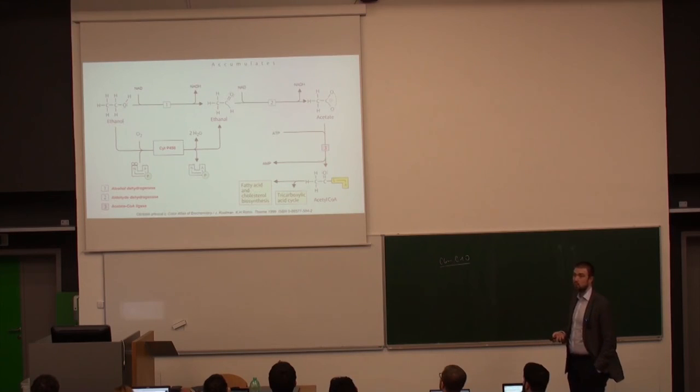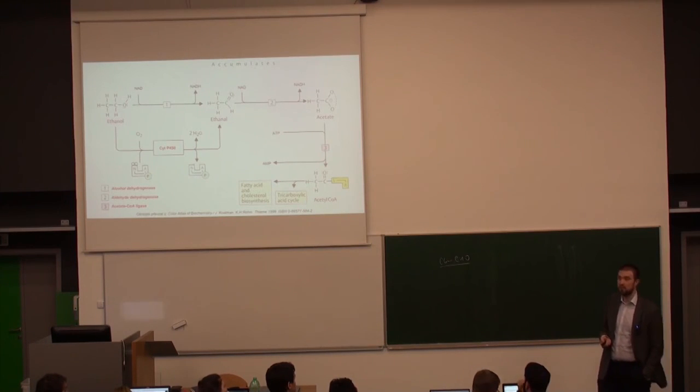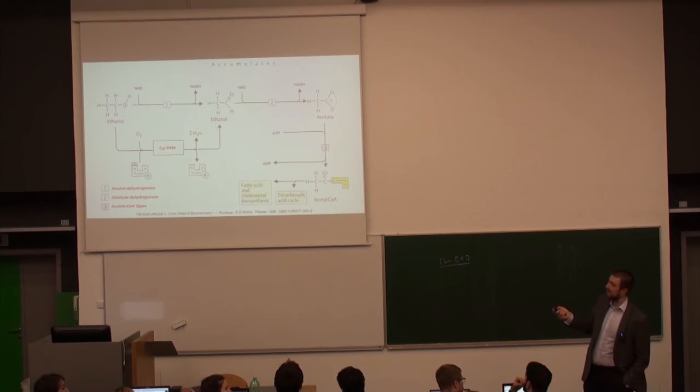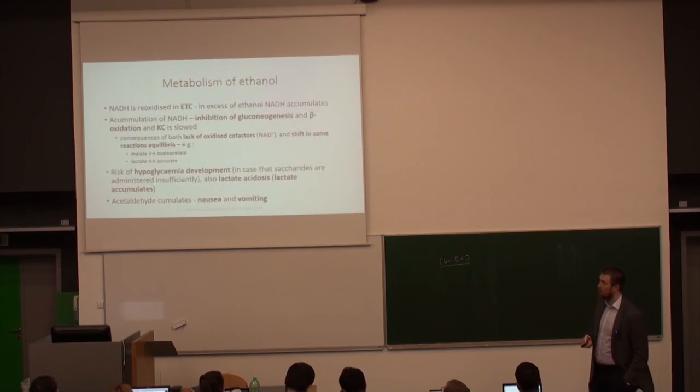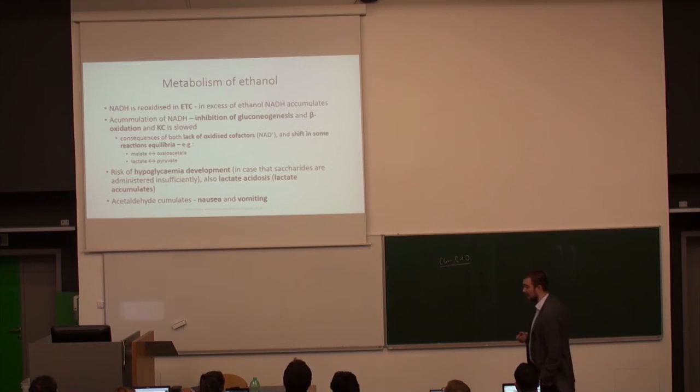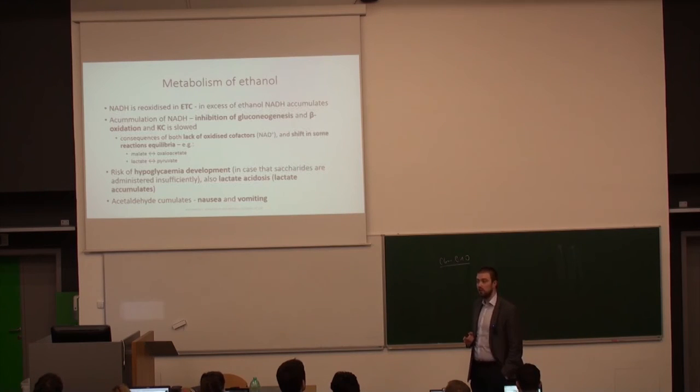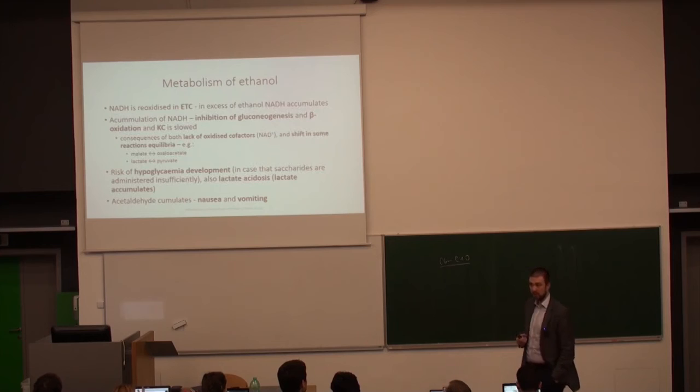What consequences will the excess of ethanol have for your body? The key first thing is that you have a lot of NADH produced. Typically the NADH should be reoxidized in the respiratory chain.